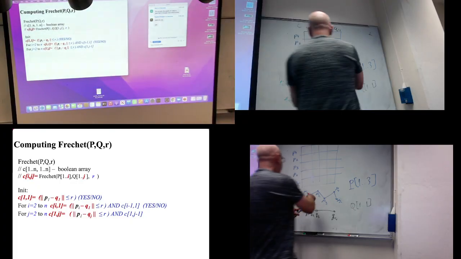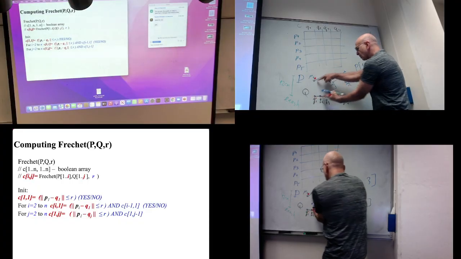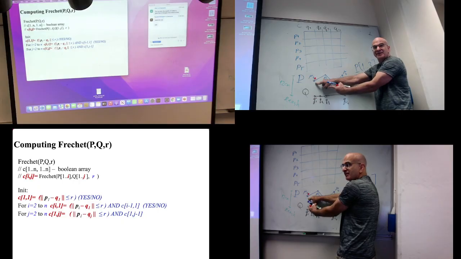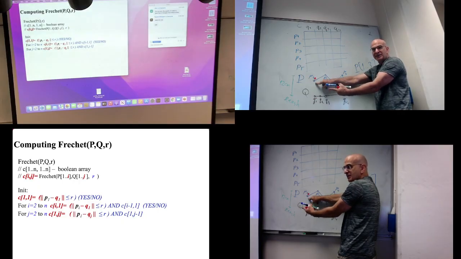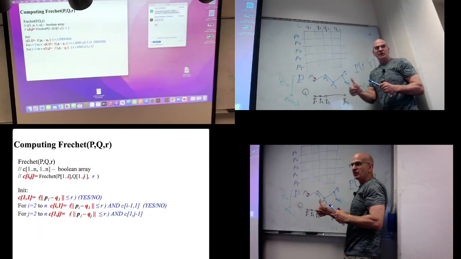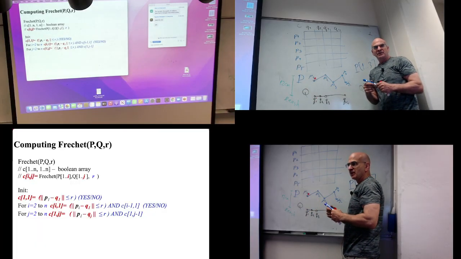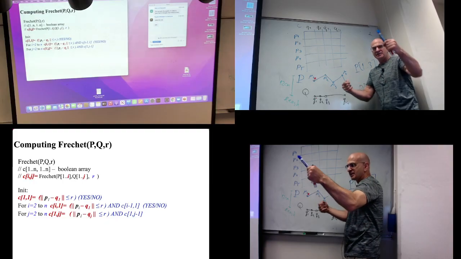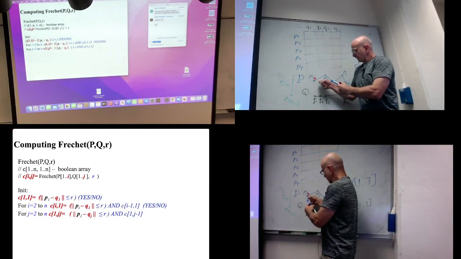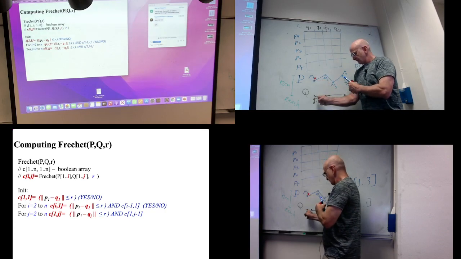That is, if the only goal of the man and the dog is not to walk all the way to the end, but just to stop at P1 and Q1, that's a final destination. It's a starting destination, but also the final one. Then the length of this leash will do. Everybody agrees?